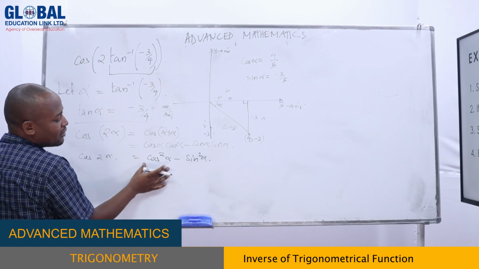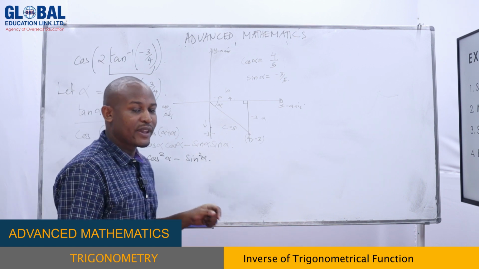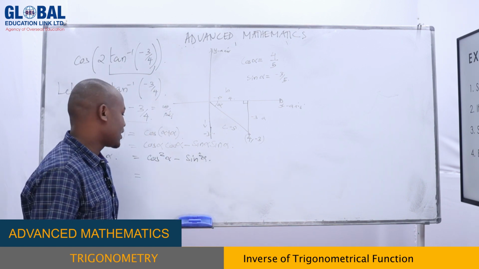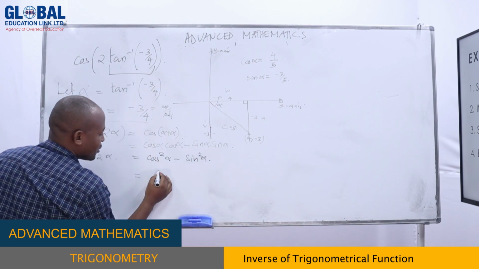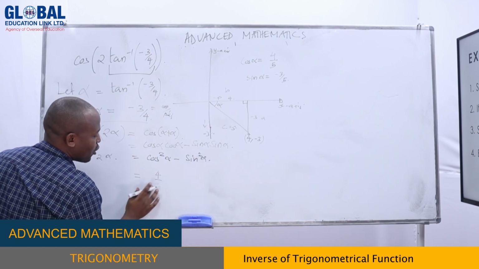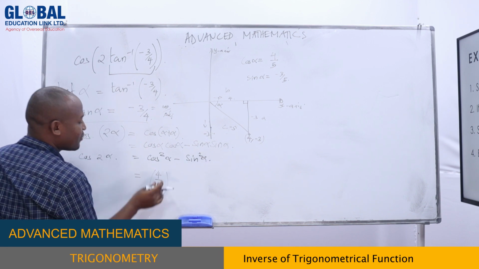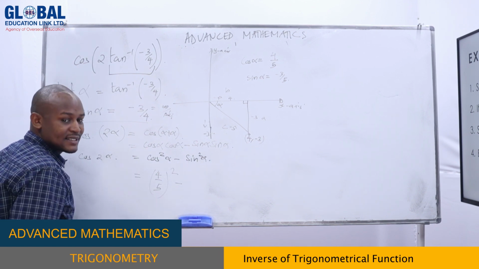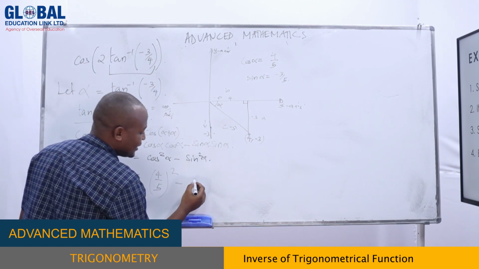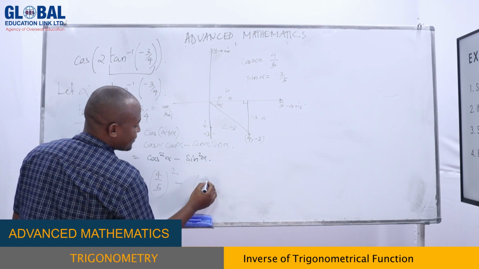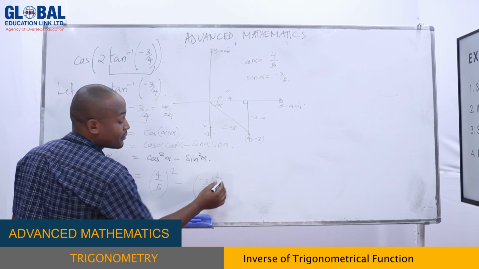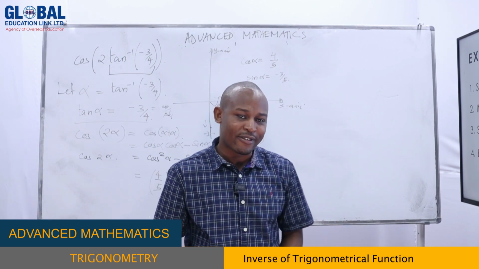Now, there we have cos of alpha, which is 4 over 5, and all of that is squared, minus sine of alpha, which is negative 3 over 5 squared.